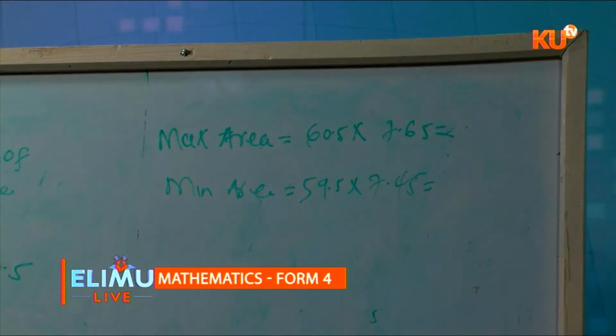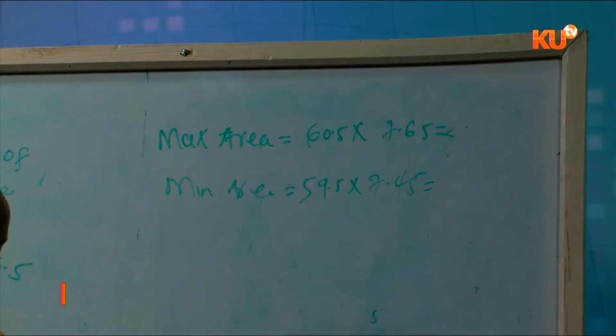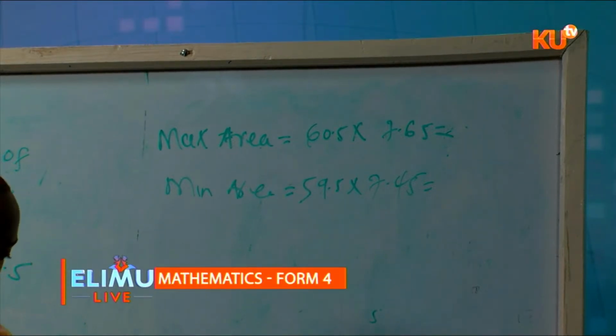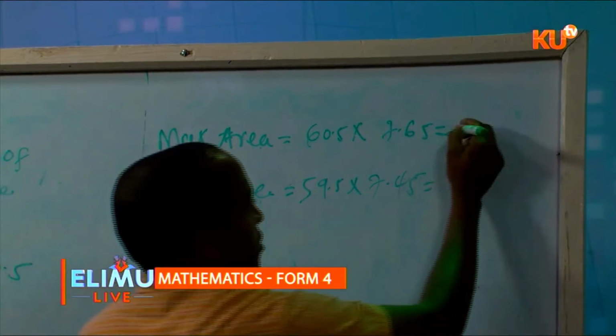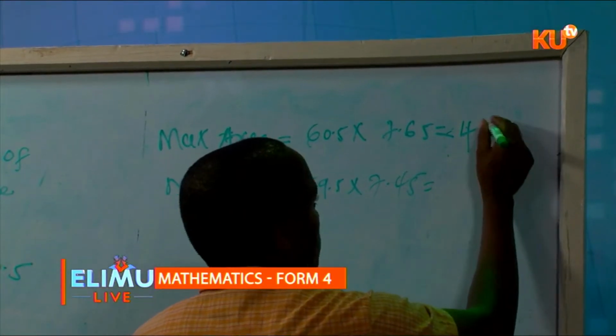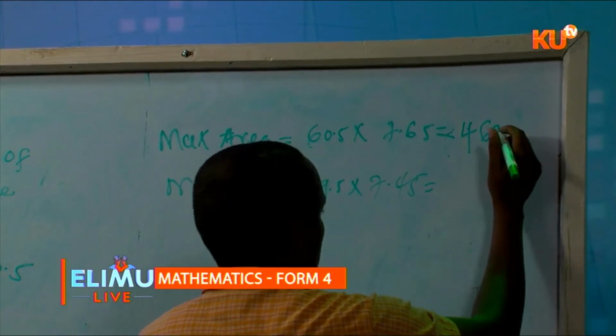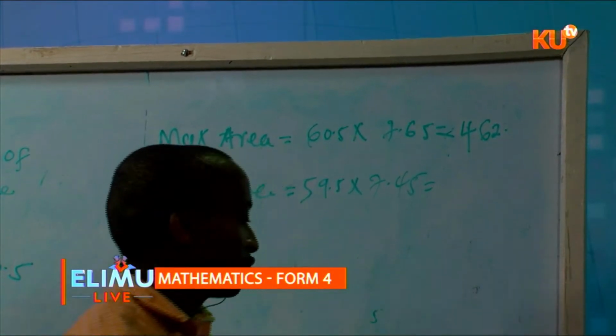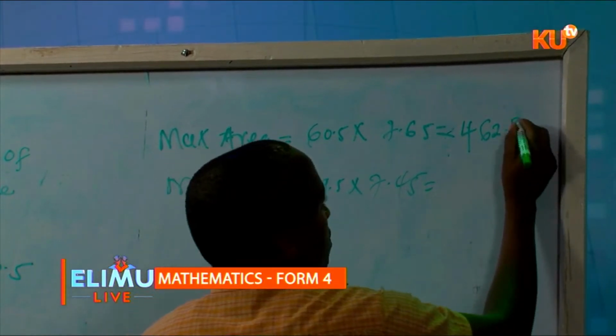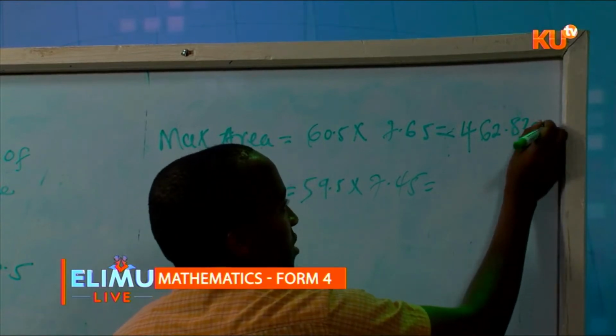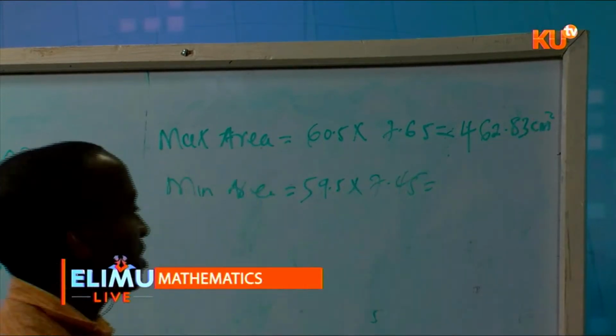So take your calculator and do them. 60.5 multiplied by 7.65, for this one you get 462.83. To 4 significant figures, it will be 462.8 centimeters squared, because it is area, so the unit must be there.